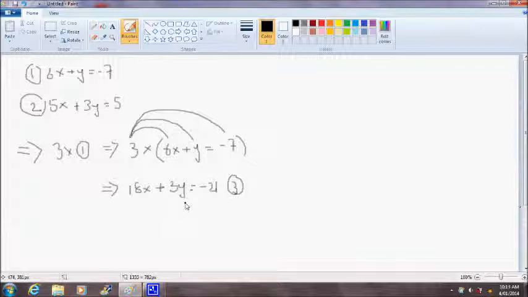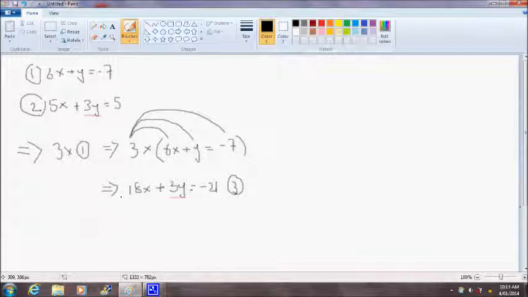Okay, now that we have equal coefficients of 3y in equation 3 and equation 2, what I can do now is to subtract equation 2 from equation 3.